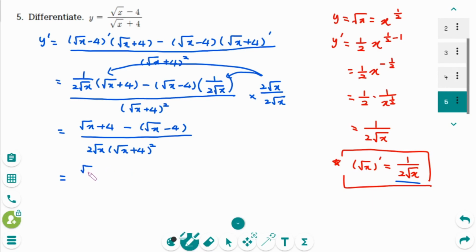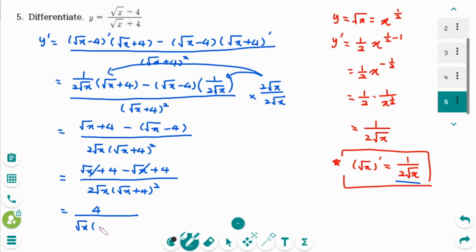Square root of x plus 4 minus square root of x plus 4 over 2 times square root of x times square root of x plus 4 squared. Then this one is 8. So finally 4 over square root of x times square root of x plus 4 squared.